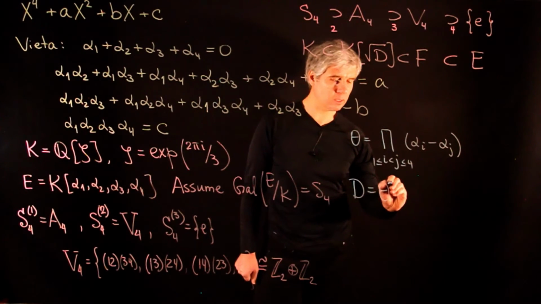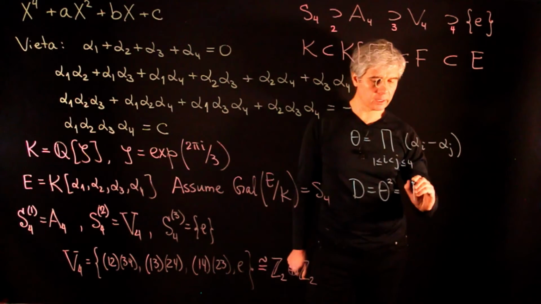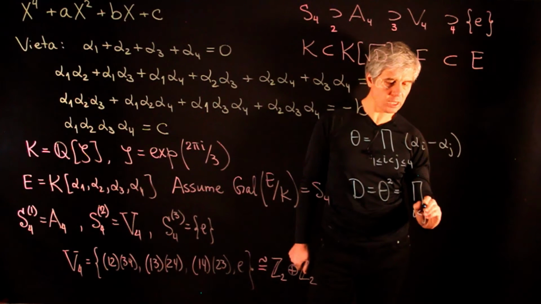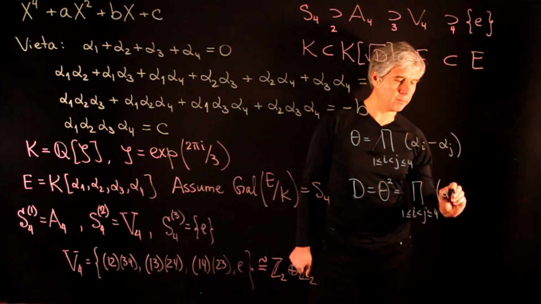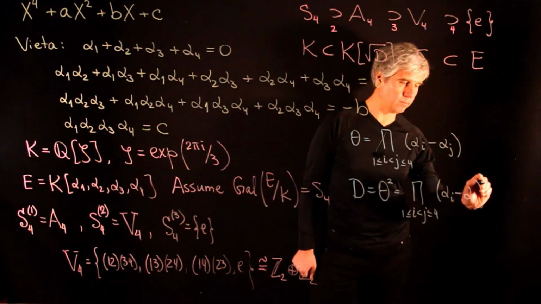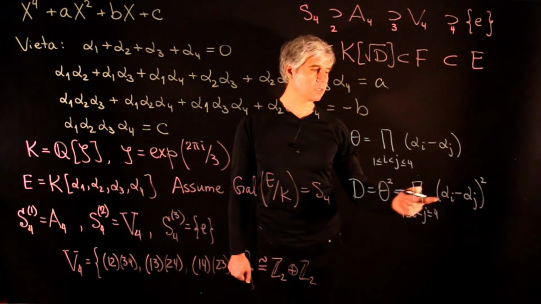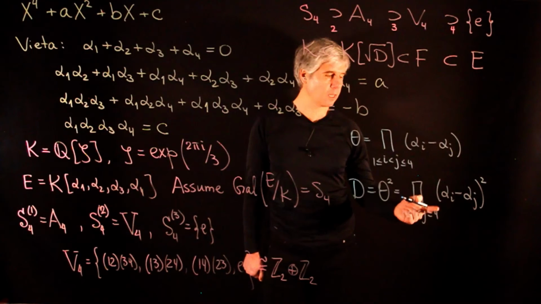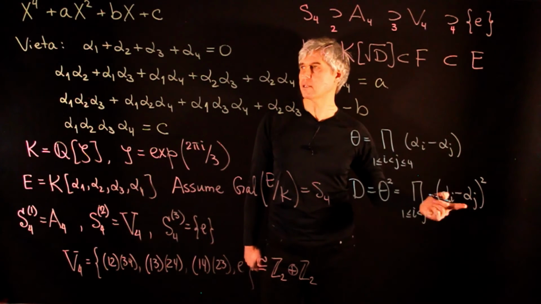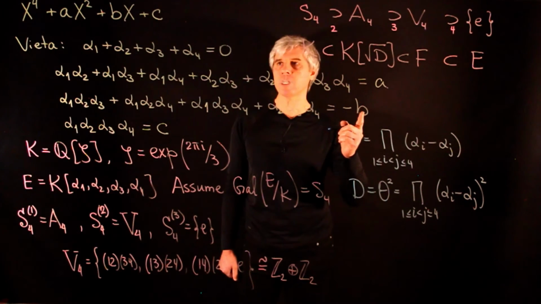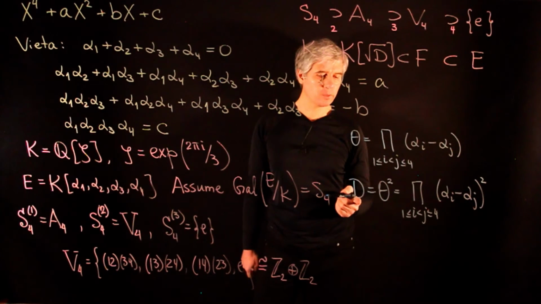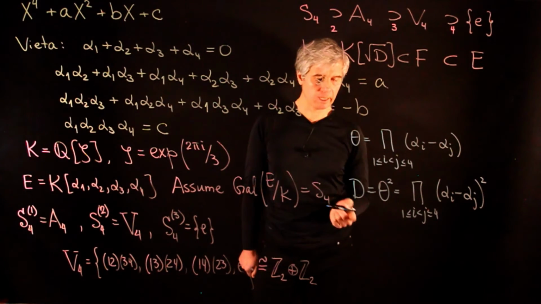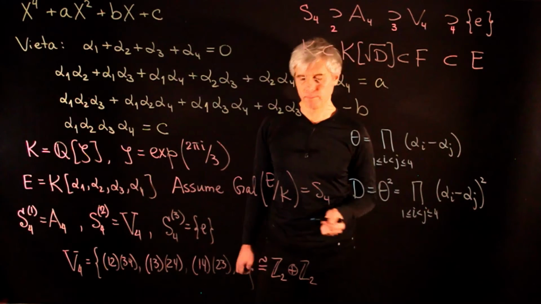So D is theta squared, so it's the product over i less than j of alpha i minus alpha j squared. This is a symmetric function in alpha 1, alpha 2, alpha 3, and alpha 4, and thus expressible in terms of A, B, and C. The expression for the discriminant is complicated and is given by the following formula.